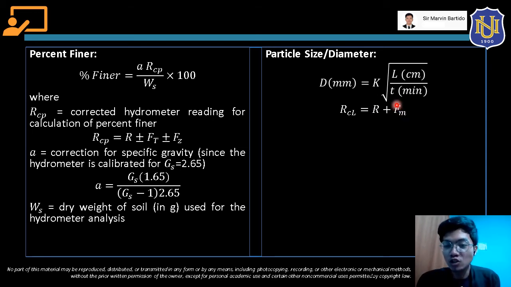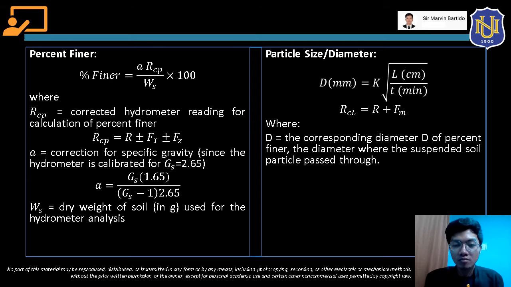So, yung correction natin dito is yung meniscus correction or F sub M. So, this is always positive, ha, as I've mentioned doon sa discussion natin para sa meniscus correction. Okay, so itong corrected reading na to, ito yung gagamitin natin dun sa table para makuha yung corresponding L na gagamitin natin para dito sa formula na to.